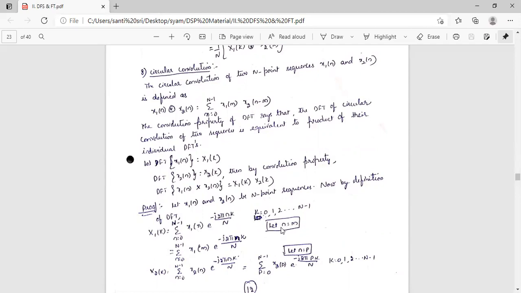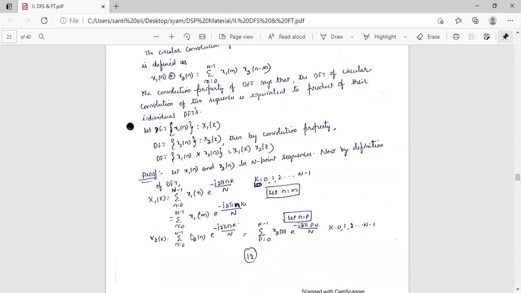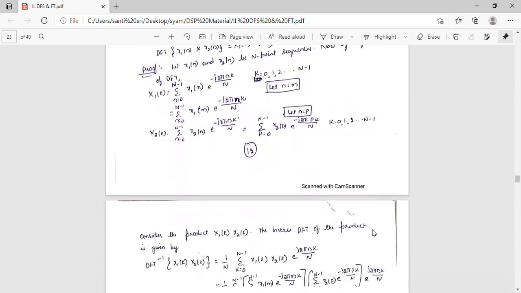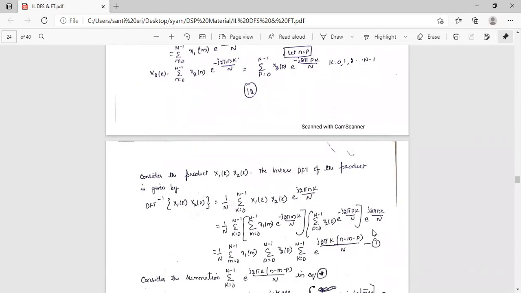So let n equal to m, so that it will become sigma m equal to 0 to N minus 1 x1 of m into e power minus j 2 pi mk by N. Similarly, x2 of k is sigma n equal to 0 to N minus 1 x2 of n into e power minus j 2 pi nk by N, or let n equal to p, so that it will become x2 of p into e power minus j 2 pi pk by N, where k is varying from 0 to N minus 1, right? So consider the product x1 of k into x2 of k.